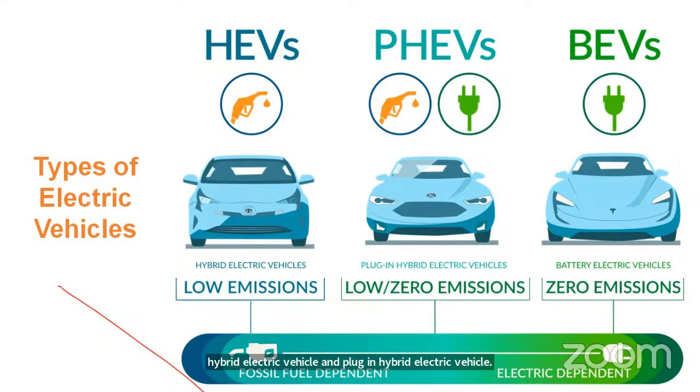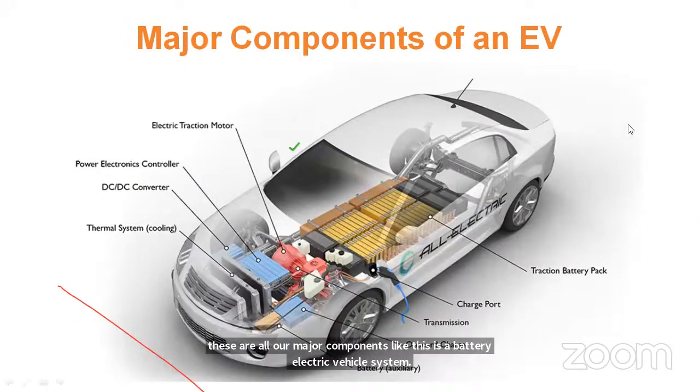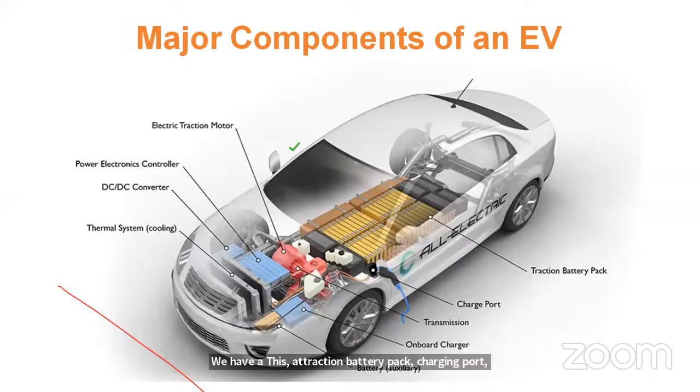In a battery electric vehicle, I already told you these are the major components: traction battery pack, charging port, transmission system, onboard charger, auxiliary battery, thermal system, DC to DC converter, and power electronics controller. In this case, there is no IC engine system, correct?